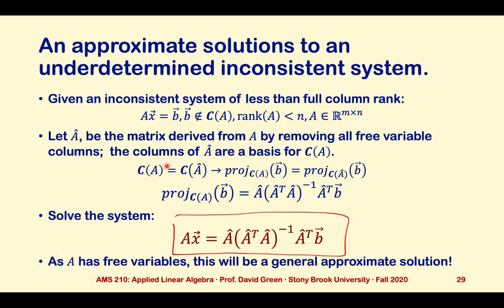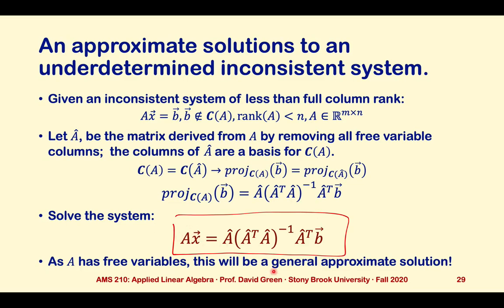By construction, we were only needing to do this because A was less than full column rank. It had free variables. The solution to this system would have a general solution. There's a non-trivial null space to AX, which means there are many equivalent solutions.